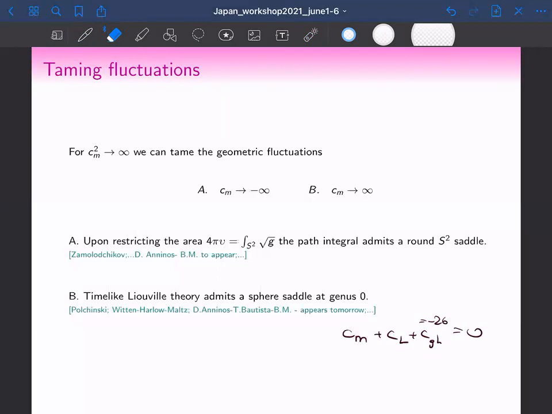In Timelike Liouville theory, we switch the sign of the kinetic term. However, it turns out that Timelike Liouville theory at genus 0 admits a real sphere saddle, as has been observed by Polchinski and in very beautiful work by Witten and Maldacena from 10 years ago. We've also been studying this Timelike Liouville theory saddle in a paper that is going to appear tomorrow or this week.